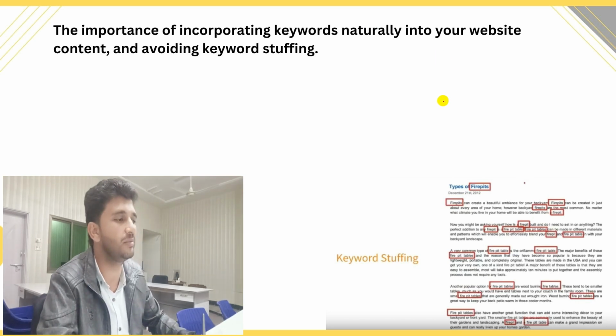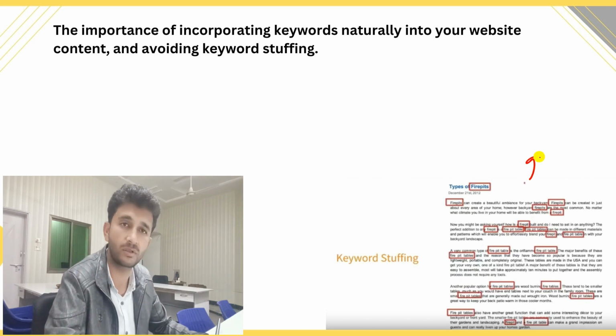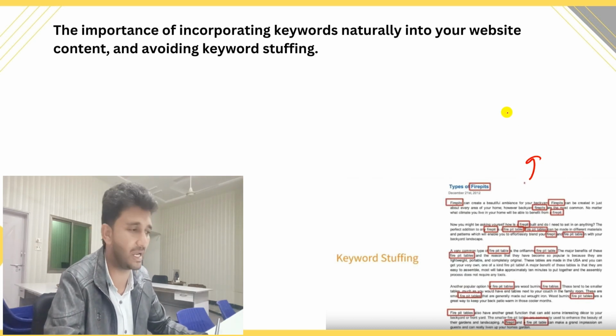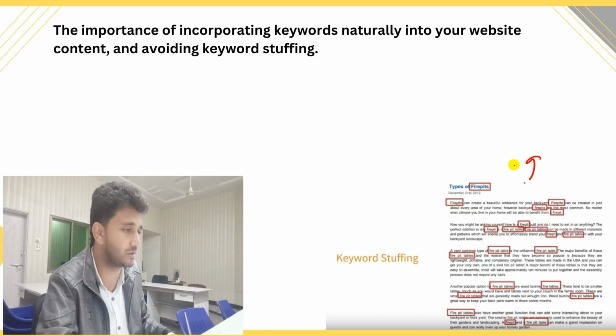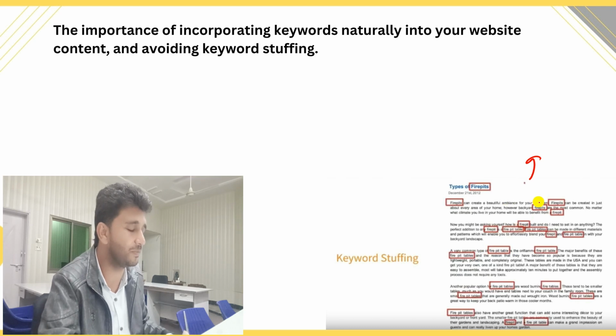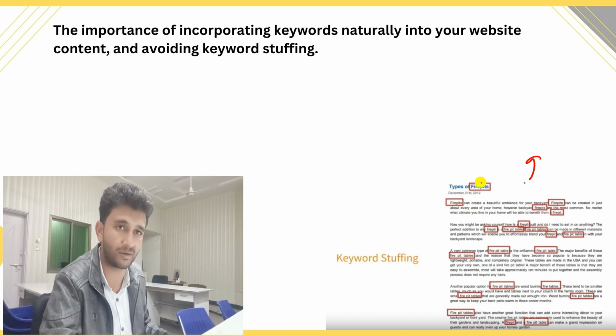You can see in this image, types of fire pits. What would it look like if you start stuffing your article with this keyword? You can see that this keyword has been used multiple times in this text, but it is basically keyword stuffing. The same keyword is used again and again. So it is called keyword stuffing.